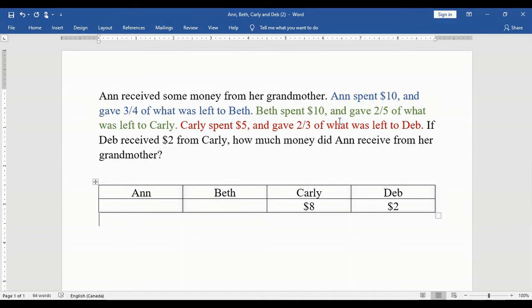All right, now we will work on the green sentence. The green sentence says, Beth spent $10 and gave 2/5 of what was left to Carly. All right, so the $8 Carly has must be 2/5 of Beth's money after she spent $10.